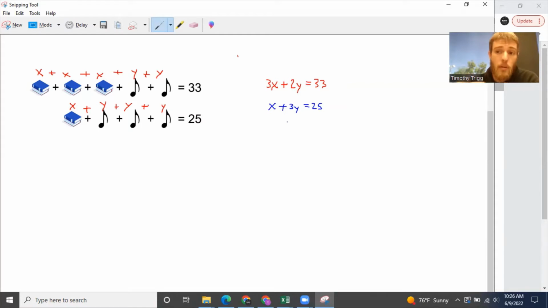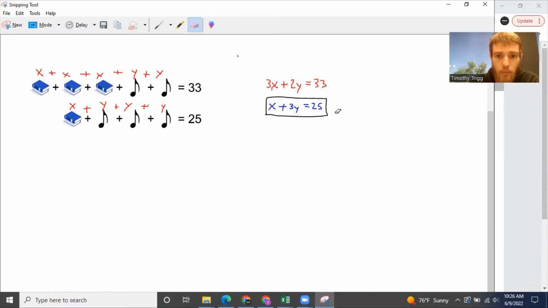So when we want to use substitution, the first thing you should look for is, can I get one of my variables alone easily? In this case, yes, I can get the x alone in the second equation. So in this equation, getting x by itself is the easiest way to get a variable by itself in this system.